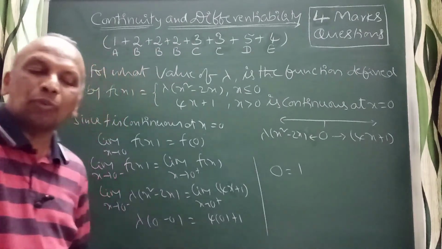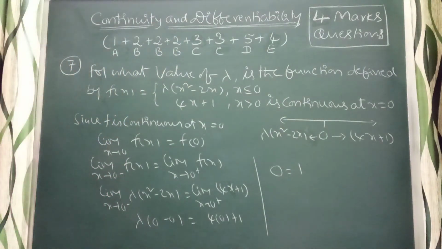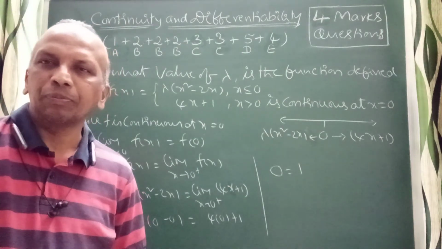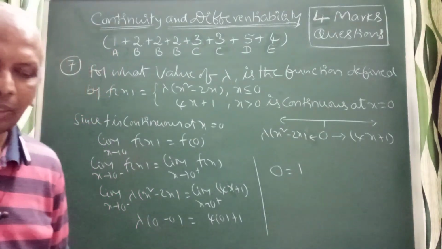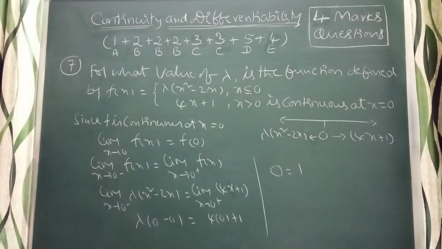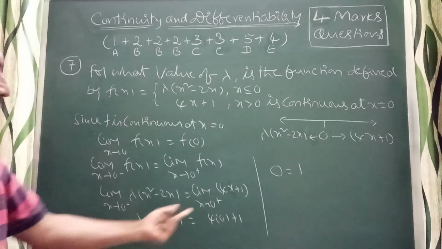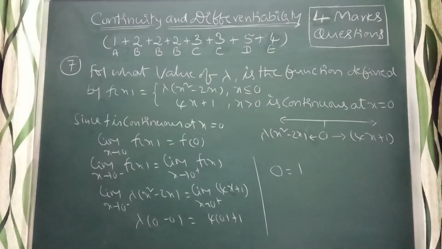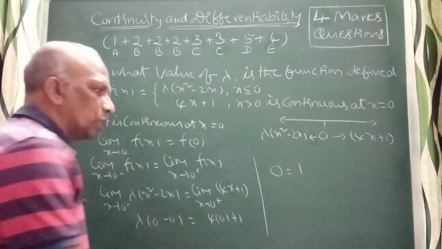For no value of lambda is the function continuous. We don't bother with the lambda, but we are getting 0 equal to 1. It is a contradiction. For no value of lambda, f is continuous at x equal to 0.